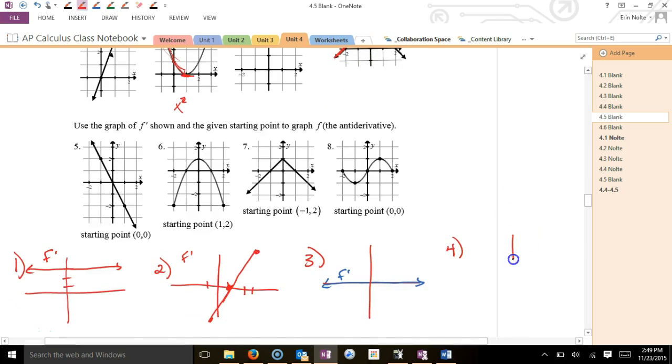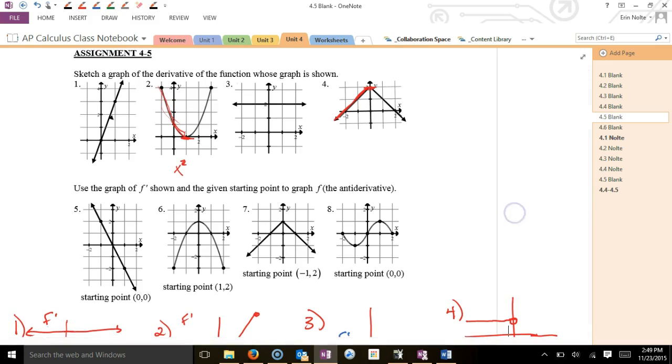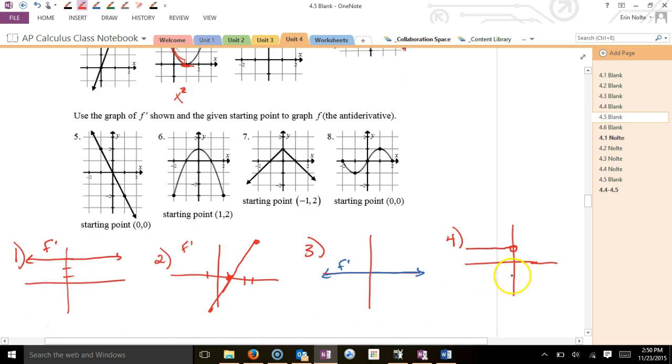So the slope from -infinity to 0 is just 1, so we can draw 1. And again, this is not differentiable at 0, so I'm going to draw a hole. And then on the right side, it goes down again with a slope of -1. So this one would be at -1 on that side.